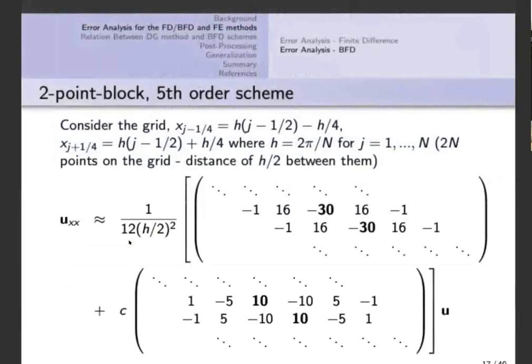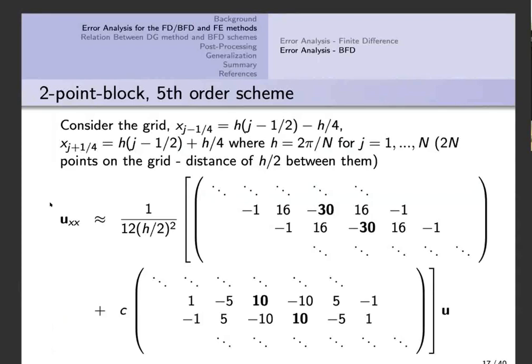So the BFD scheme that was built is a 2-point block scheme, and I will show that we got a 5th order scheme. So in each block, we take 2 grid points, one located at j minus 1/4 and one located at j plus 1/4. So the distance between them is half of h.